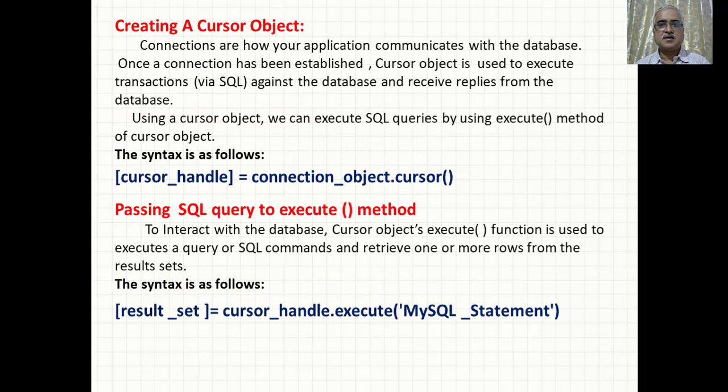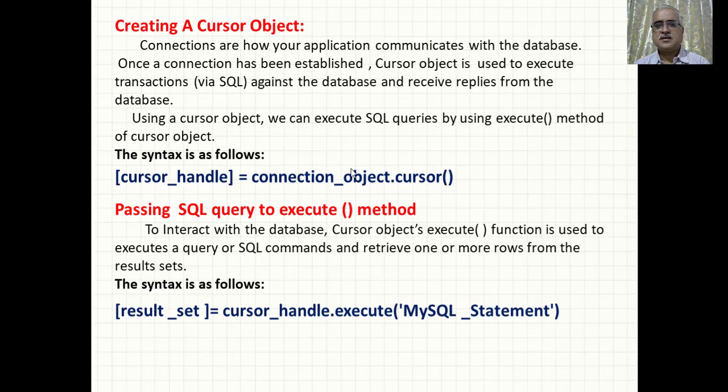Now we'll discuss the cursor object. After creating a connection between the application and the database, now we have to create a cursor object, and this cursor object is responsible for submitting SQL query, and the syntax is as follows: cursor handle is equal to connection object dot cursor.